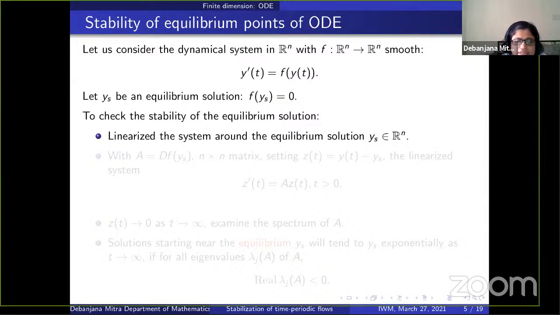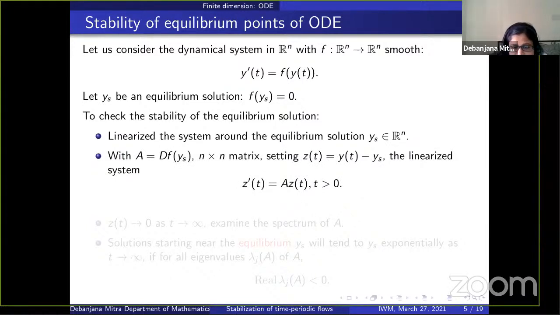Now to check the stability of the equilibrium solution, the first step is to linearize the system around the equilibrium solution y_s, which belongs to R^n. Then we obtain the linearized equation z'(t) = A z(t), where A is the differential df(y_s), the differential map of the function f evaluated at y equal to y_s, the equilibrium point.